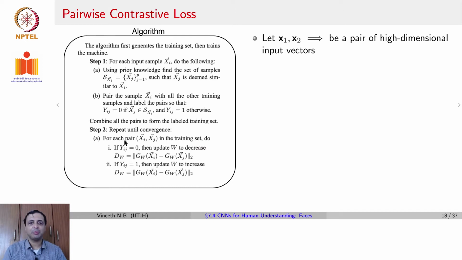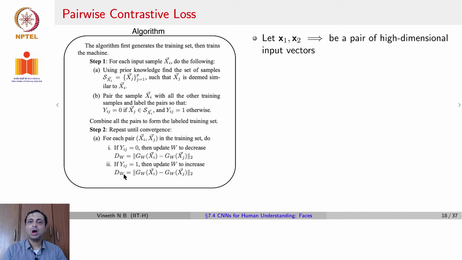For each pair xi, xj in the training set, if yij is equal to 0, that means they are similar images, we then update W to decrease the distance GW of xi minus GW of xj. And if yij is equal to 1, that is dissimilar images, then we'd like to increase this distance dw.